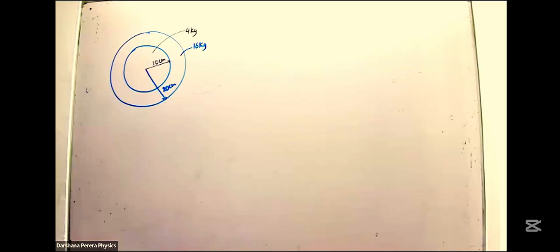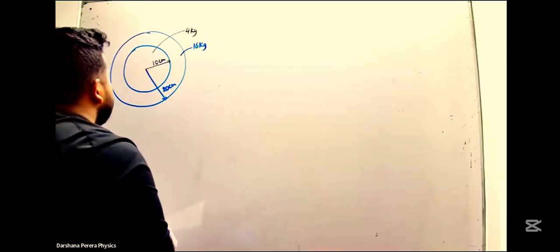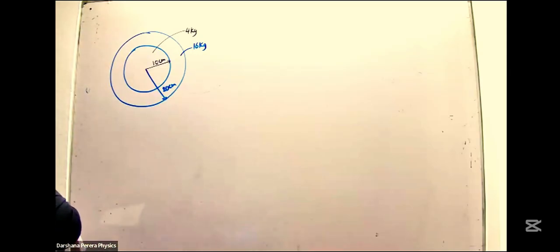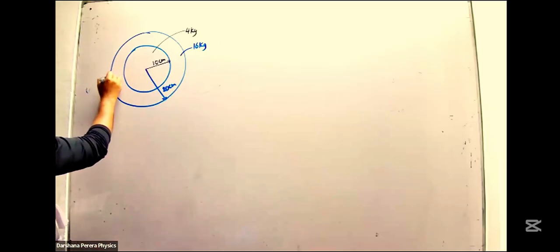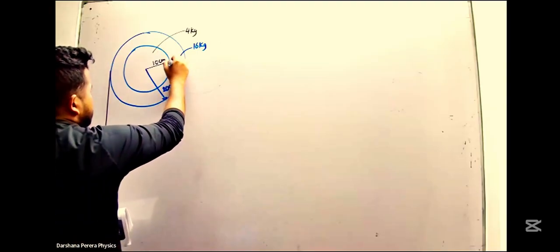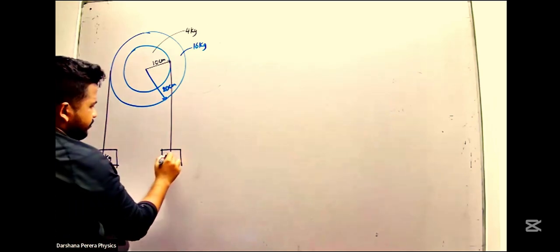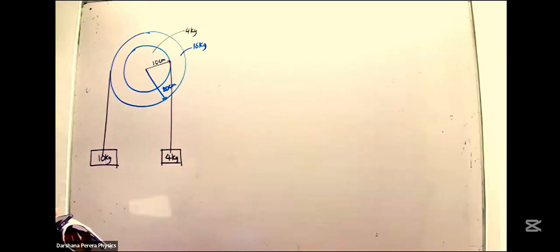Okay, then, sir, write down the... draw this diagram. 10 kilogram is hung from the large cylinder, and 4 kilogram from the small one.